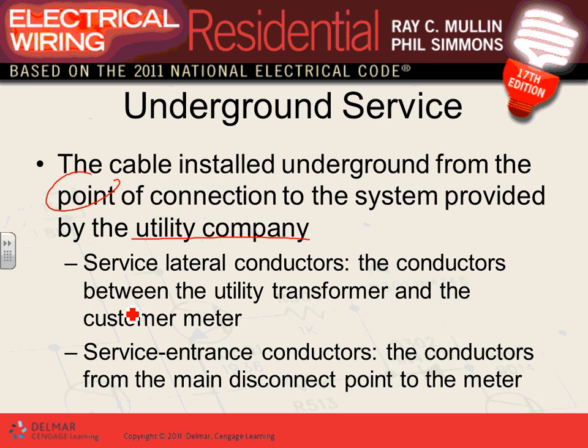All right, service lateral. We talked about service lateral. These are the underground service conductors. If the utility brings the power from underground, they use the term lateral, service lateral. That's like a service drop, except underground. It's the conductor between the transformer of the utility and the customer's meter, typically. Service entrance conductor is the conductor from the disconnect point to the meter.